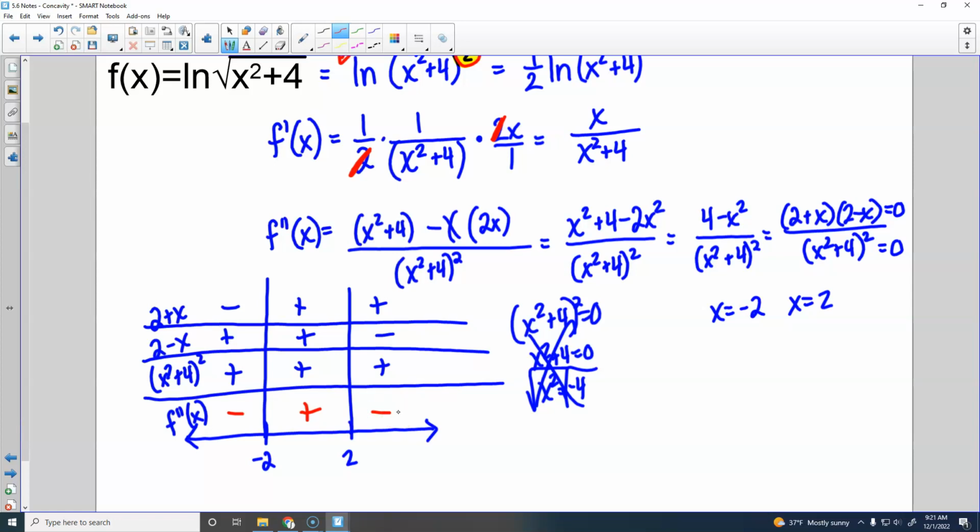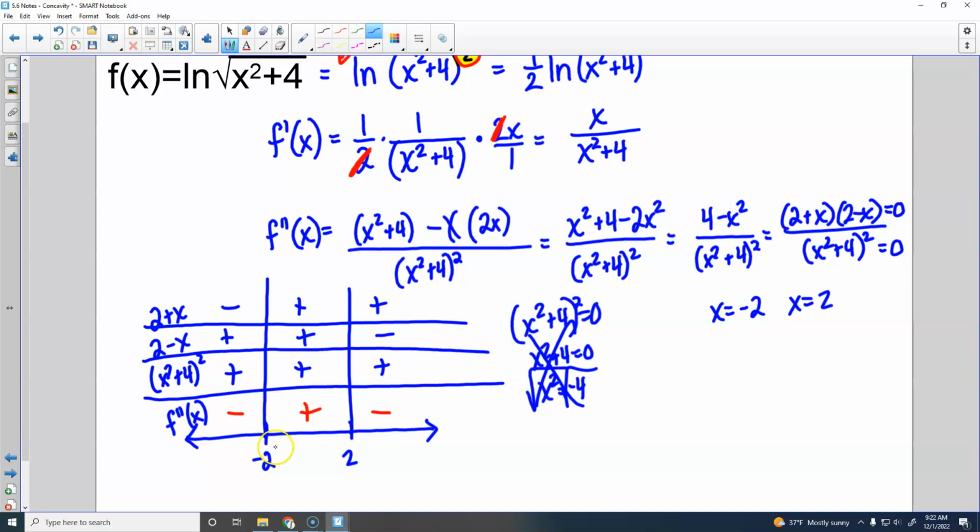Okay, this one asked us for points of inflection, not concavity. So all the work leading up to it is the same. Your explanation is a little bit different. I like points of inflection a little better than relative max and min because you can make the general statement for both of them at the same time.